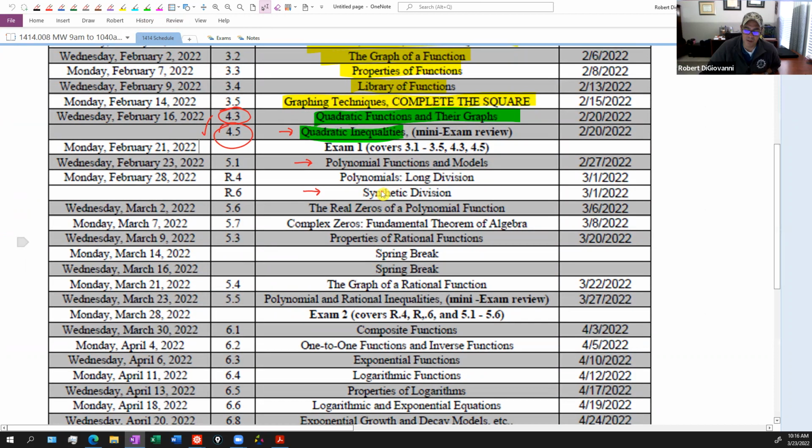Polynomial functions, rational functions, and then the inequalities that we just covered today. Does that answer the question? Synthetic division, long division, that's all built in to the polynomials. You've got to be able to do synthetic for some of the polynomials. So that's all kind of built into the problems.